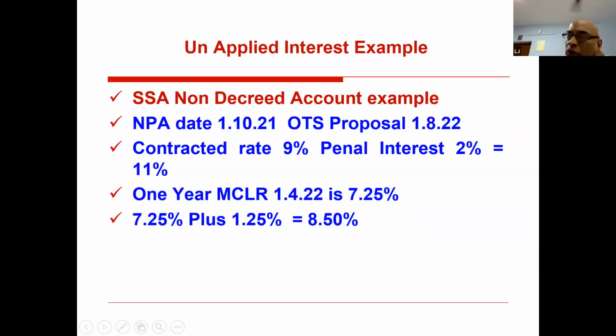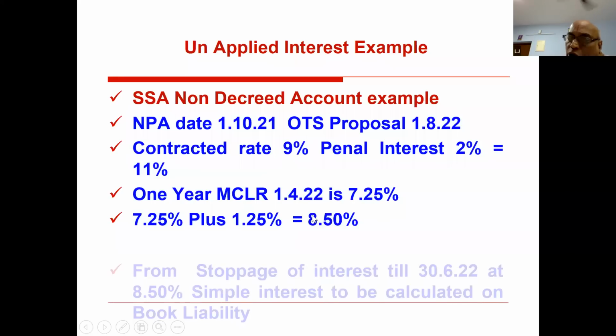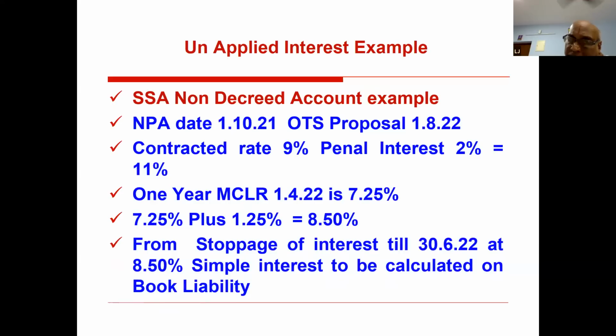I told you, to calculate the unapplied interest for a non-decreed account, you have to take either this one or this one, whichever is least, and apply on the book liability. Even though the OTS proposal date is 1/8/2022, you go to the previous quarter end.